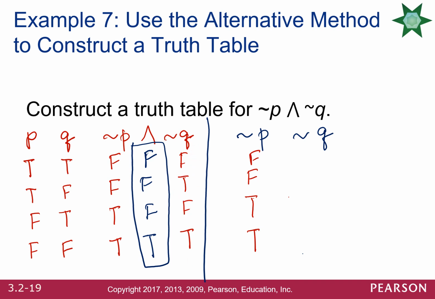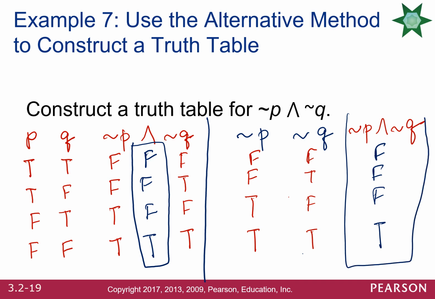So let's write those, FT, FT. And the last column would be not P and not Q. All right, so we would have FF is an F, then we would have FT, an F, TF is an F, and TT is a T. All right, so it's just that the final result is in the last column using the alternative method, versus in the previous method we decided to write it below the AND construct, which appeared somewhere in the middle of the table. All right.